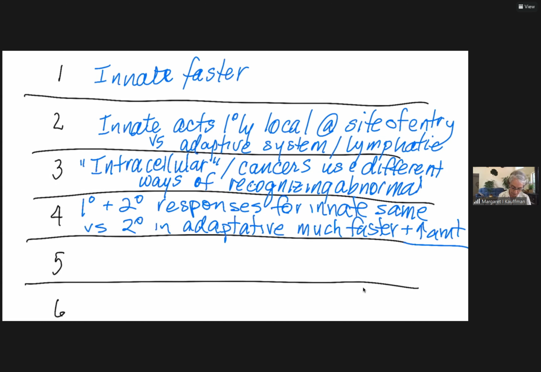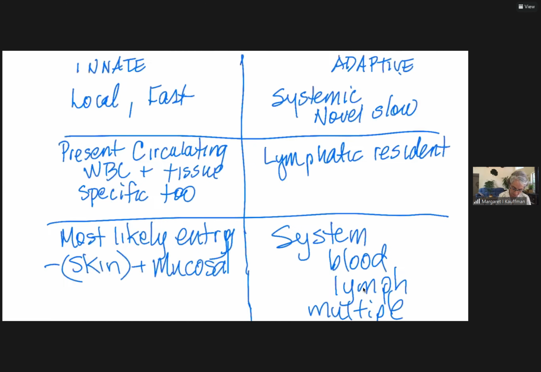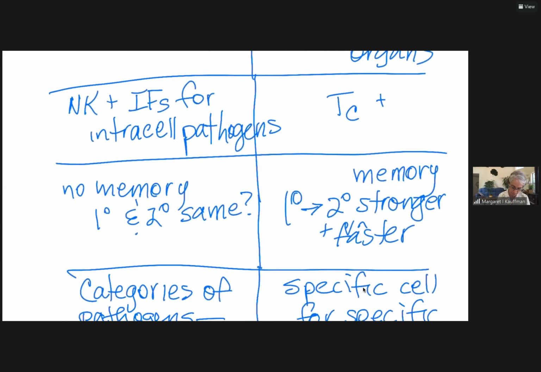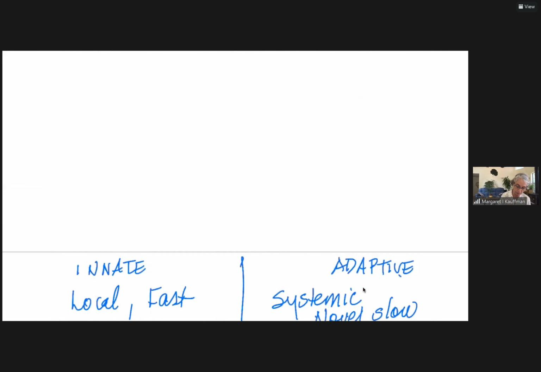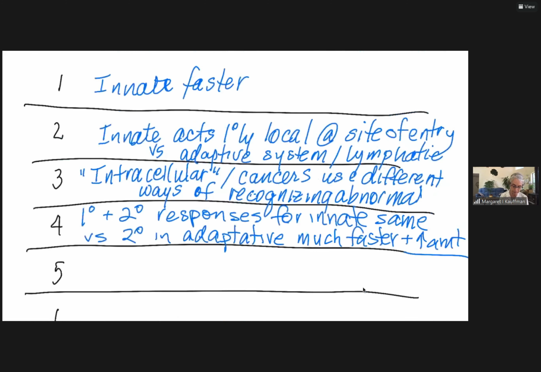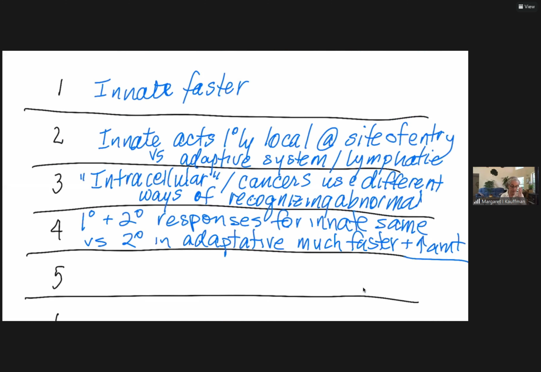So let's see, what else did Dina come up with over here? How they recognize. So this is where the specific and non-specific come in. There are a couple features, and she brought up some of them.